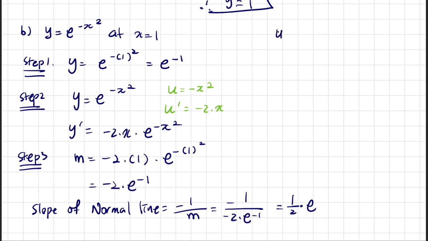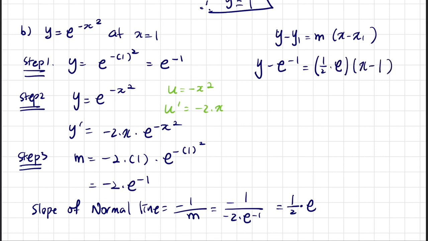and the equation y minus y1 equals m times x minus x1, we can say y minus e to the power of negative 1 equals the slope of the normal line times x minus 1. Then y minus e to the power of negative 1 is equal to 1 over 2e times x minus 1 over 2e.